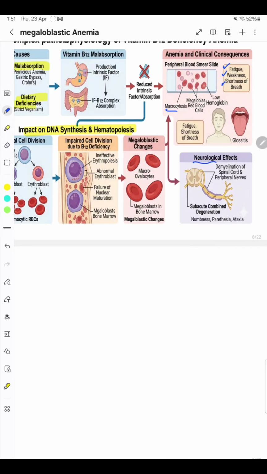So there are neurological effects which are seen in B12 deficiency only, not in folate deficiency. A condition known as subacute combined degeneration of the spinal cord is seen in B12 deficiency. Neurological effects manifest as numbness, paresthesia and ataxia.